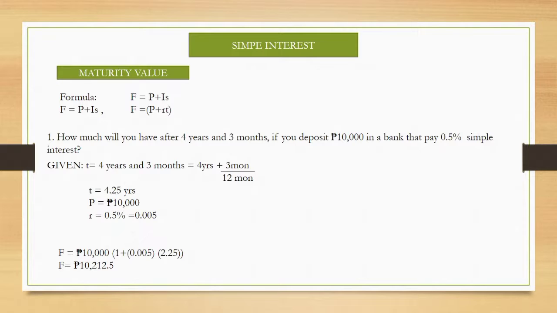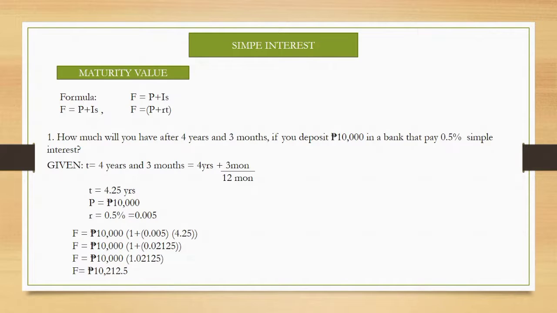So 1 plus 0.02125 is equals to 1.02125. So 10,000 pesos times 1.02125 is equals to 10,212.5, and this will be the future value or the maturity value of number one.